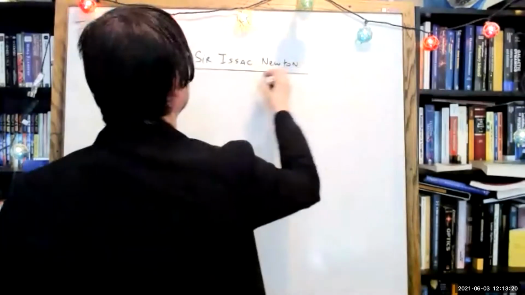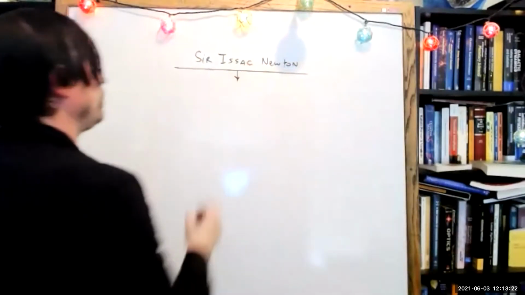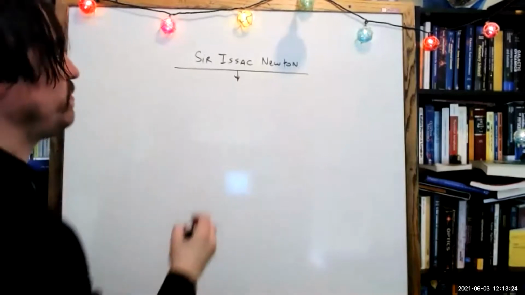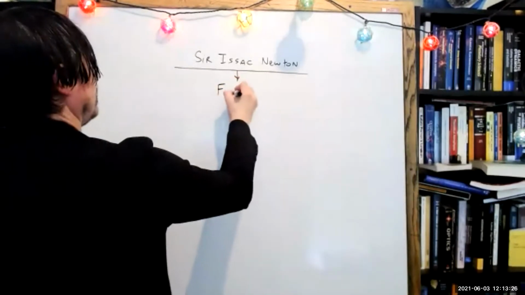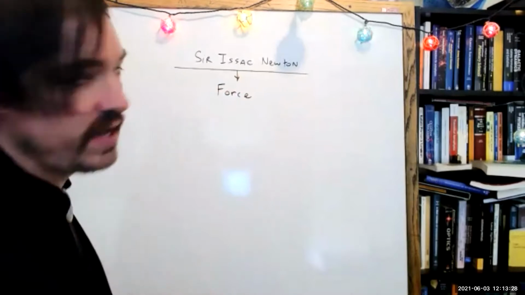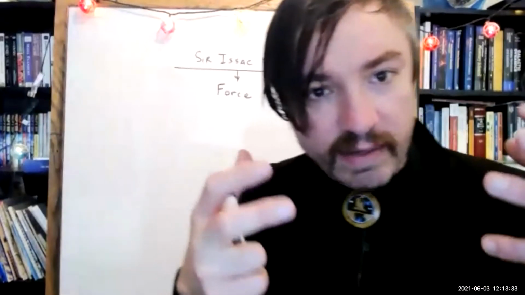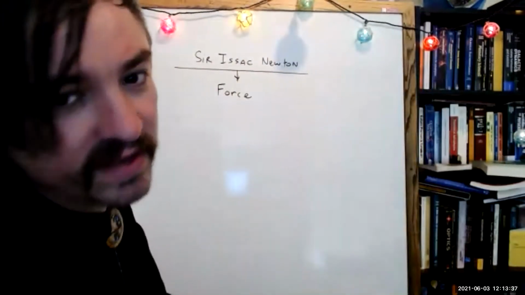Probably the single biggest idea that we associate with Sir Isaac Newton, and we'll talk about it extensively today, is the concept of a force. Newton codified it and put it on strict mathematical terms so we could understand exactly what we mean by such a thing.